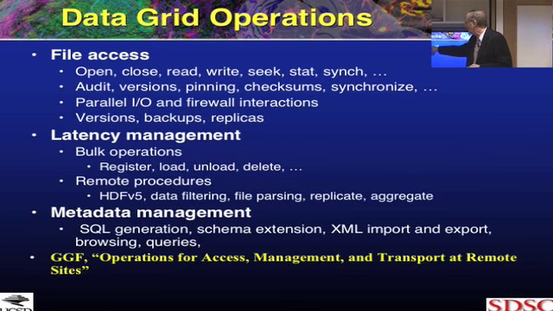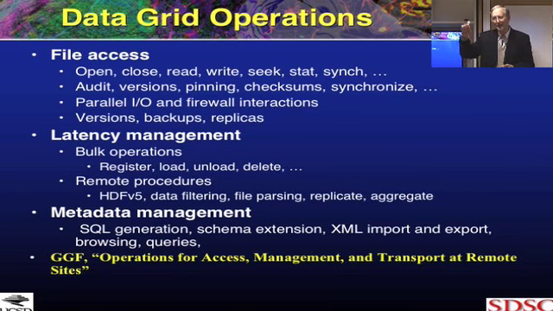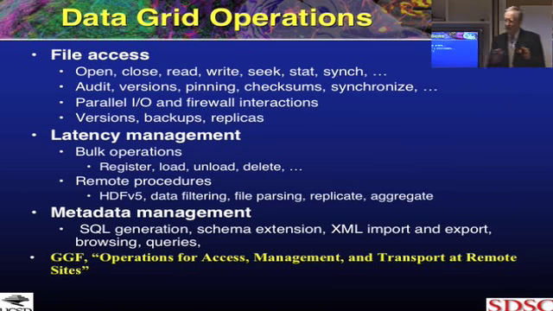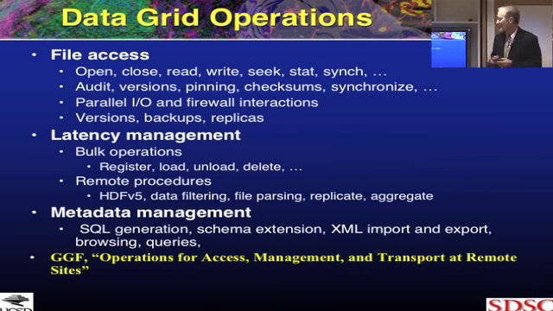So when we read and write on a file, everybody started requesting a different set of capabilities like audit trails, who are the people actually doing the reads and writes. Version numbers: when I write a new version out, can I annotate it with the version number? Supporting checksums so I can verify that the file was actually moved correctly and wasn't corrupted by the transport. Synchronizing replicas, so if I change one replica, all the other replicas can be synchronized so they also have the changes.